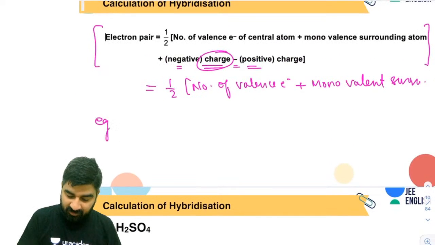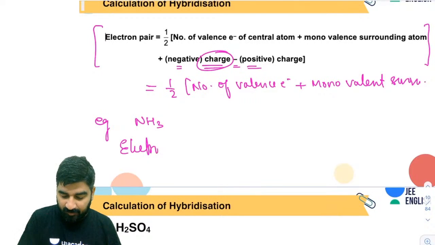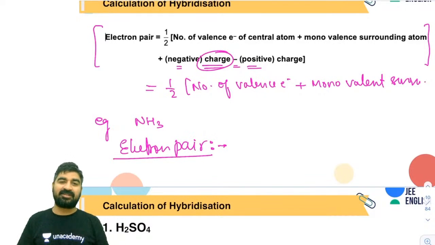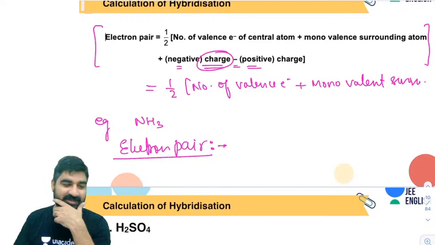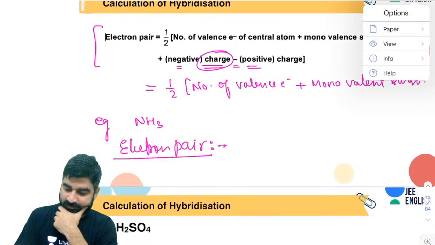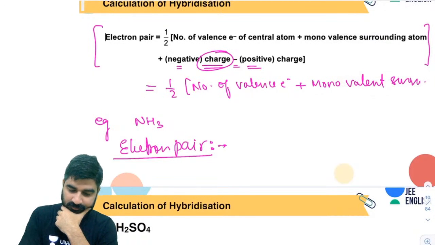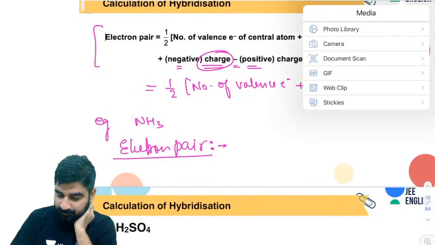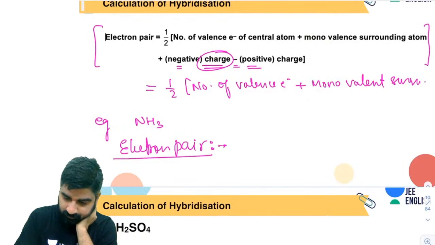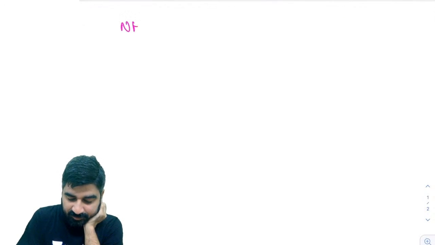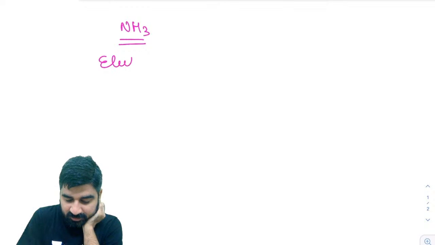Suppose I'm taking NH3. Just calculate the electron pairs. Be fast. Let me take some examples over here. How will you count the electron pairs?